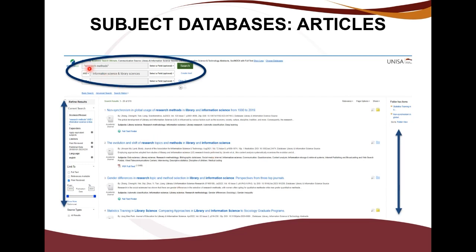So I've done an open search here under the keyword research methods in quotations. And when I start typing information science, the system prompts me to say, in some instances, this particular information science is also called library science. In olden days, we used to say library sciences.